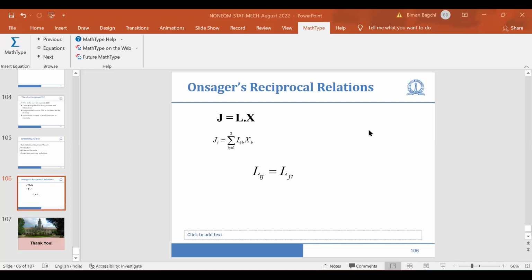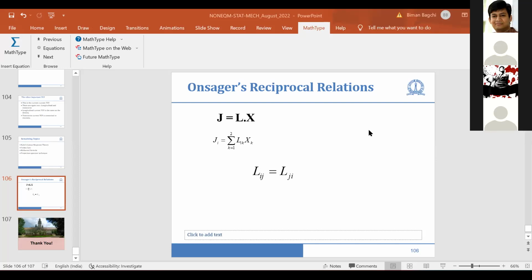So basically, why Onsager reciprocal relations, and what is the connection with Kubo's linear response? What Onsager assumed, and Landau brought out very nicely, is that, remember, the time correlation function that I have done is of the fluctuations.